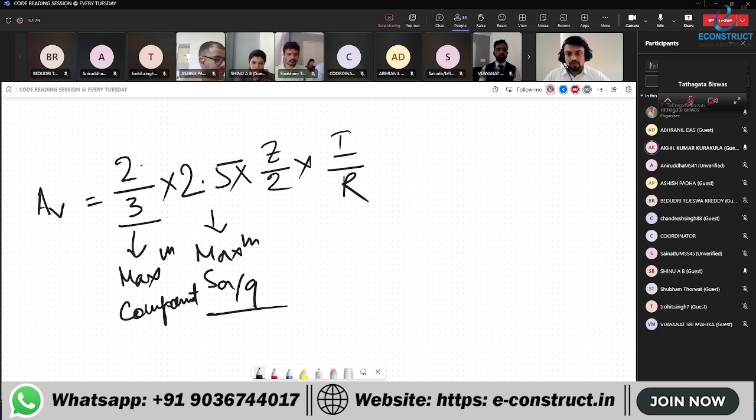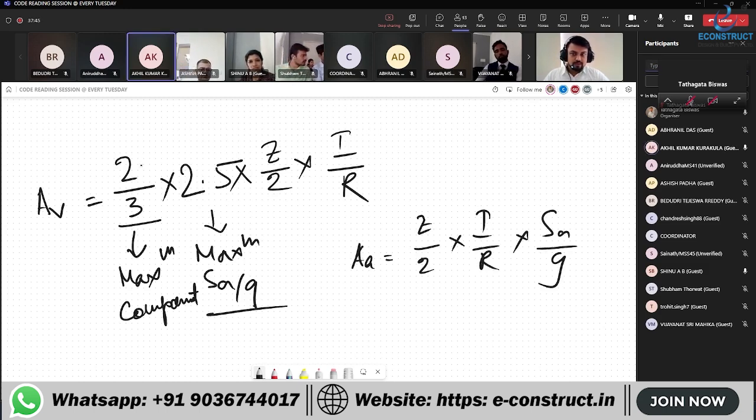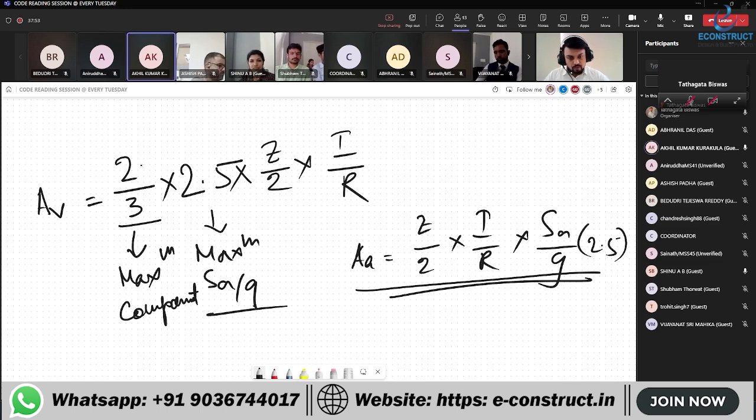Basically this is from the horizontal direction only, the formula, right? So the AH formula is Z by 2 I by R into SA by G. If this SA by G is maximum, which is 2.5, then this is actually the AH formula only, into 2 by 3.